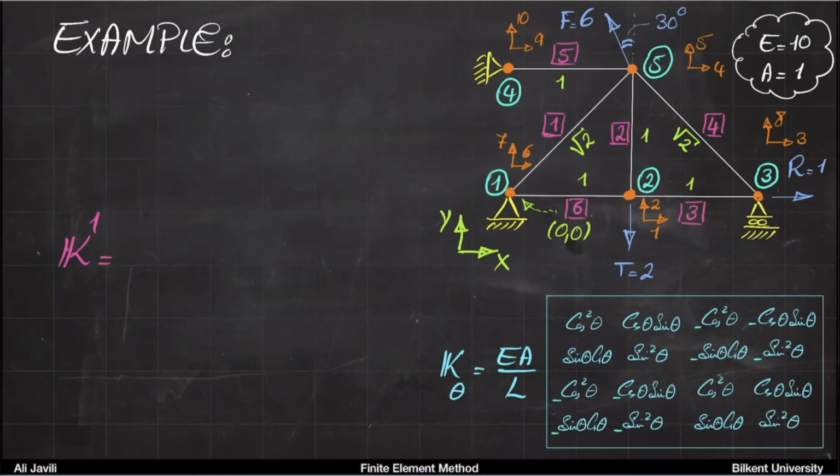It's a 4x4 matrix. Let's say that's 1, 2, 3, 4.